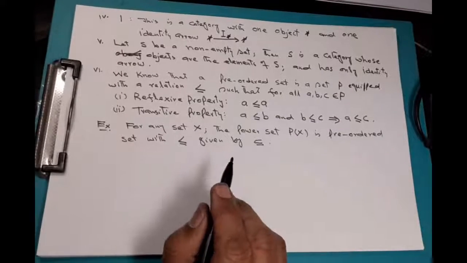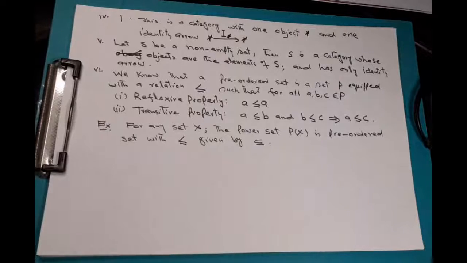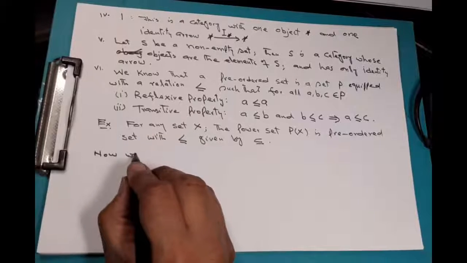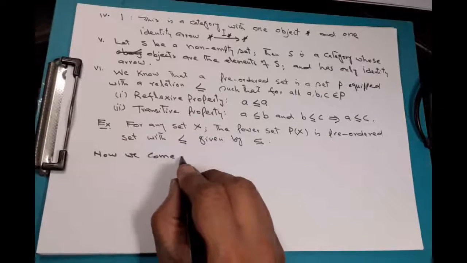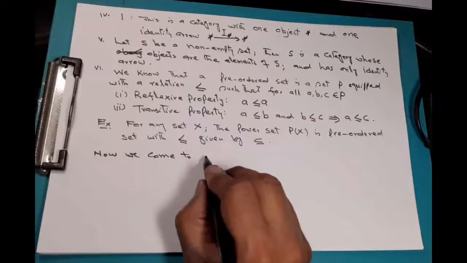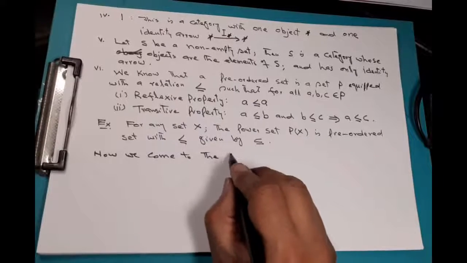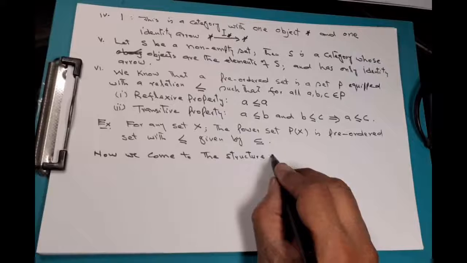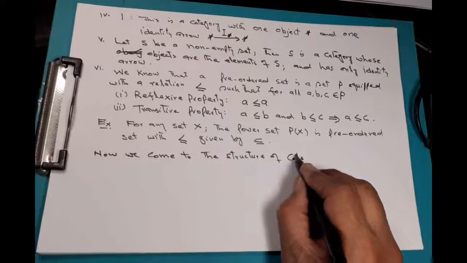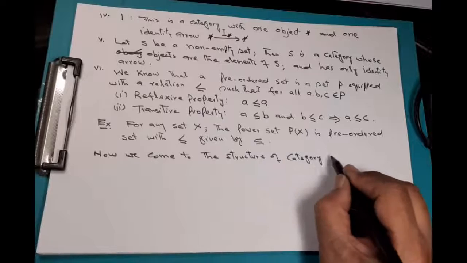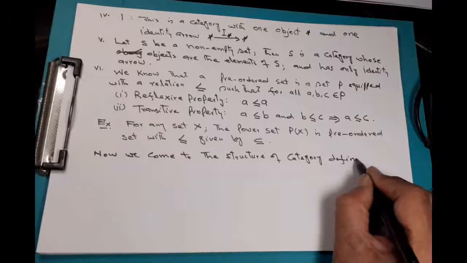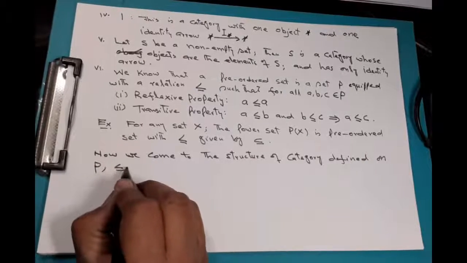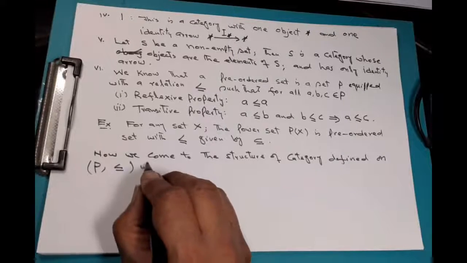So let's come to our structure of category we wanted to discuss. Now we come to the structure of category defined on P, which is a pre-ordered set.